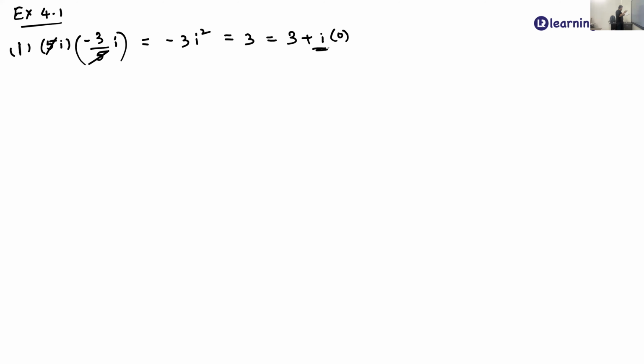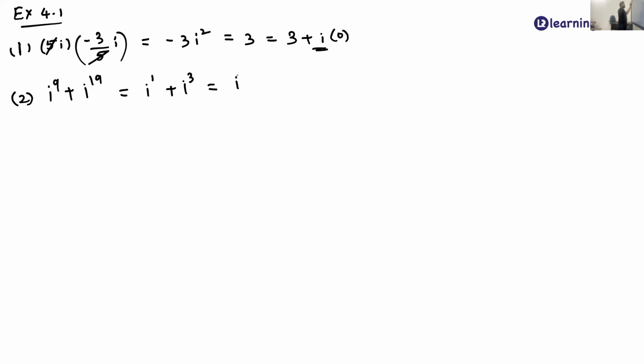Okay. The second question is i power 9 plus i power 19. What is i power 9? When you divide 9 with 4, what is the remainder you're going to get? You will get 1. So i power 9 is i power 1. Plus, when you divide 19 with 4, you get i cube.